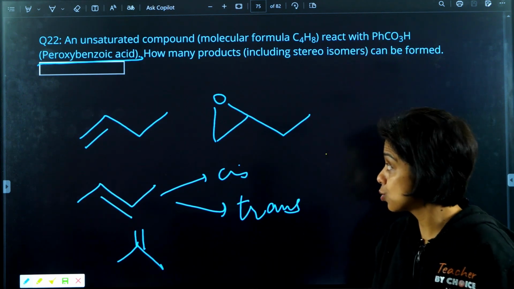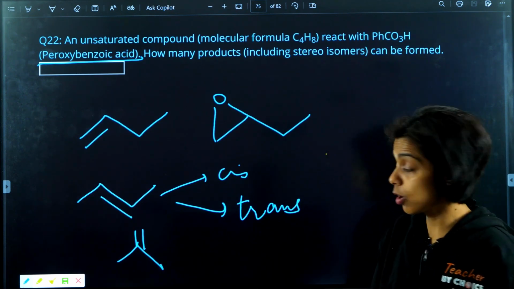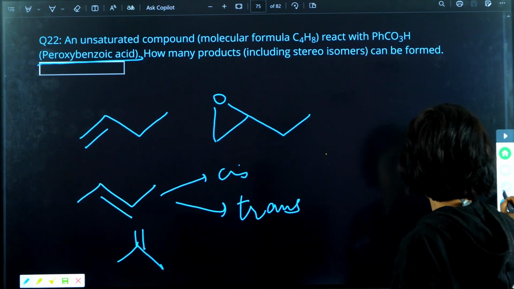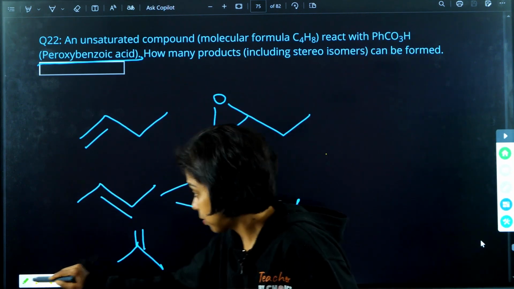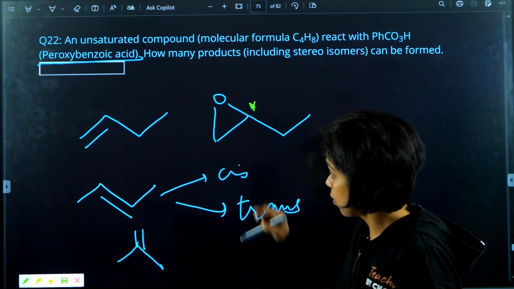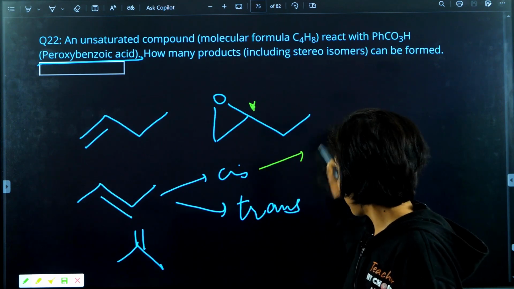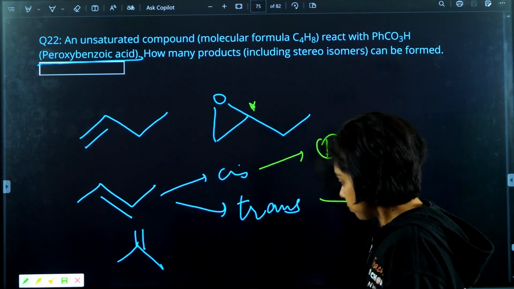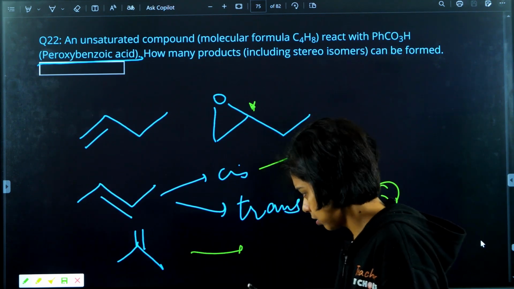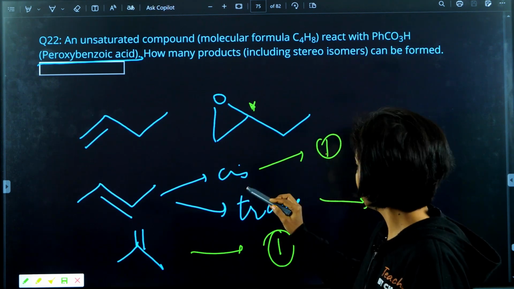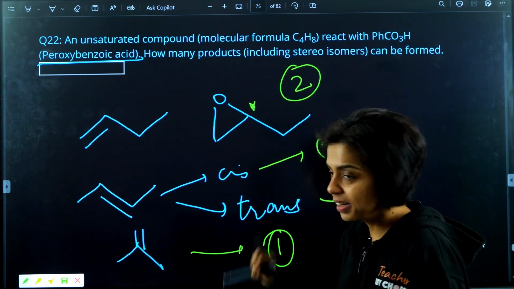So you are supposed to count the total number of products being formed here. So I can see there is this chiral carbon here also. So two products here. Cis will give one, this will give two, and here also we'll get one product. So one. So let me count it. Two because it is D and L form.